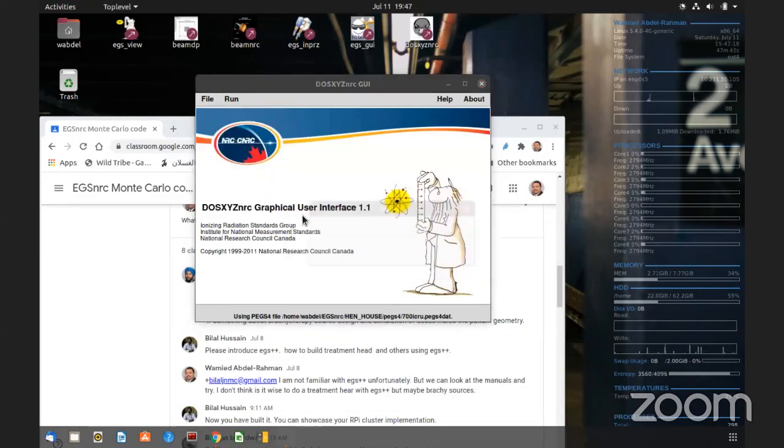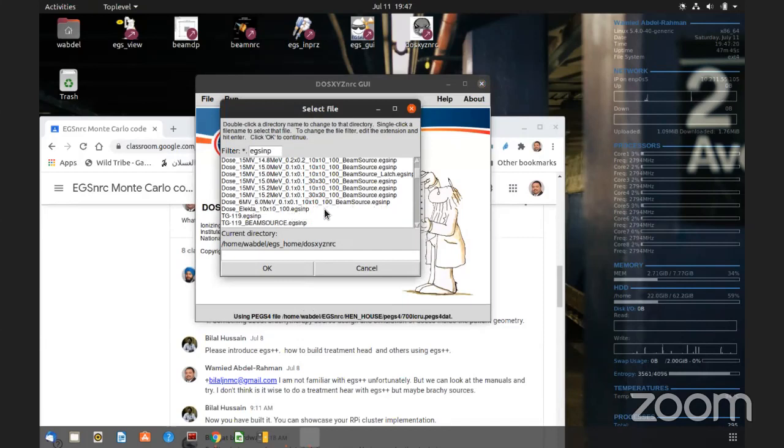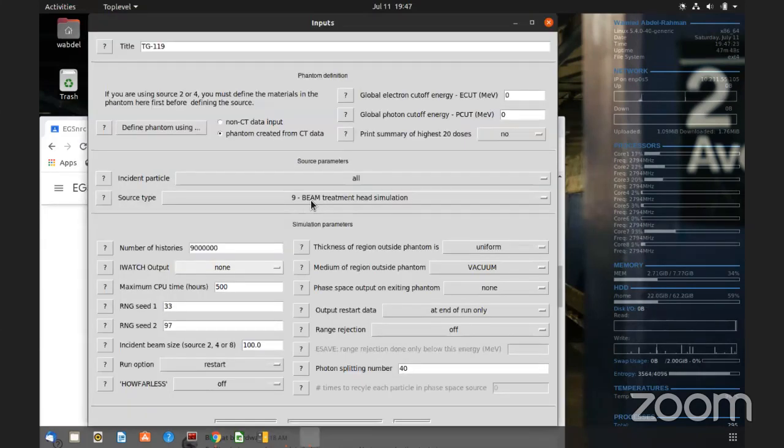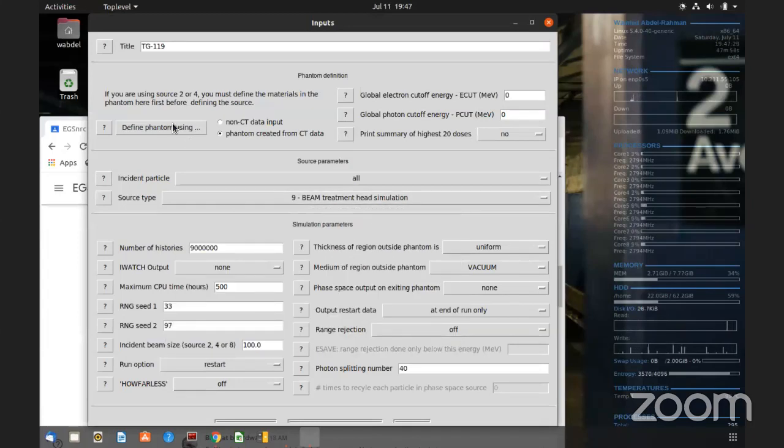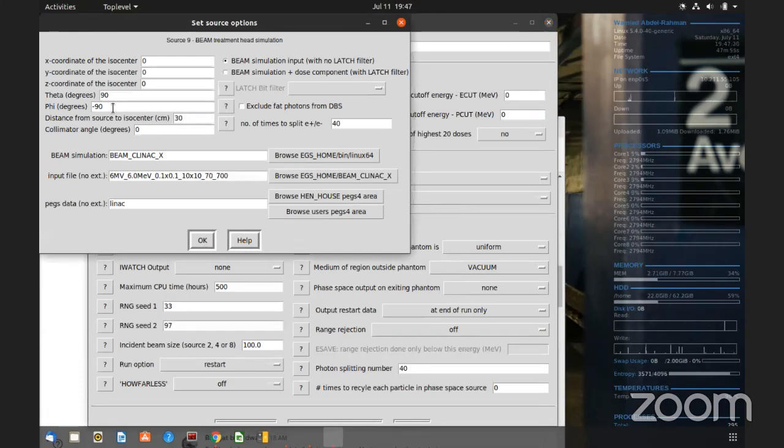Yes, discarded. I want this one, beam source. Yes. So now I have treatment head simulation. Again, the direction is 90 and minus 90 because it's an anterior field. But for the input file for the beam model, I'm actually generating a phase space file at 70 centimeters.